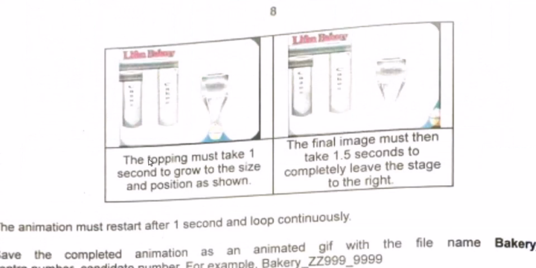Then the topping must take 1 second to grow to the size and position as shown. So we have 9.5 in total. And the final image must then take 1.5 seconds to completely leave the stage to the right. That's 9.5 plus 1.5 making 11 seconds.